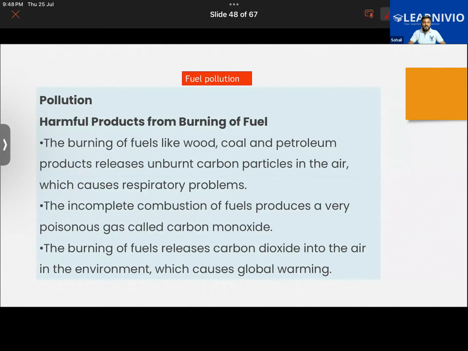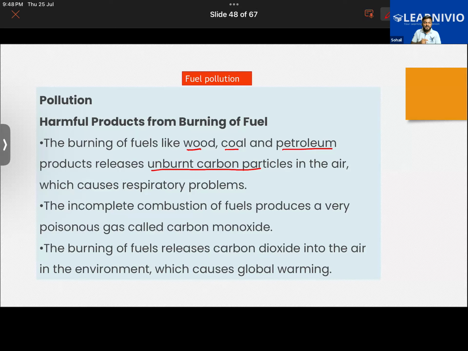Only some of the fuels would be almost completely burning, in a clean manner, releasing less smoke and fewer unburned carbon particles, but poor fuels would be producing lots of unburned carbon particles. Generally due to burning of wood, coal and petroleum, if they are not burning in sufficient supply of air, they will release unburned carbon particles in the air.